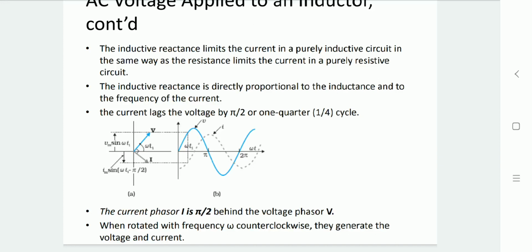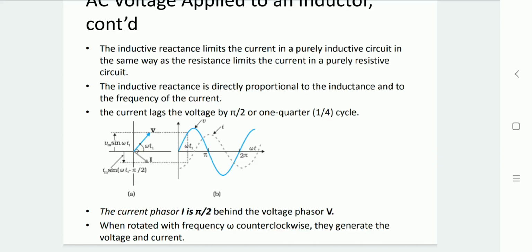So we can say that the current is negative, represented in the fourth quadrant, and voltage is positive, represented in the first quadrant. So there is a 90-degree angle, pi by 2, between current and voltage, but current is behind by minus pi by 2.